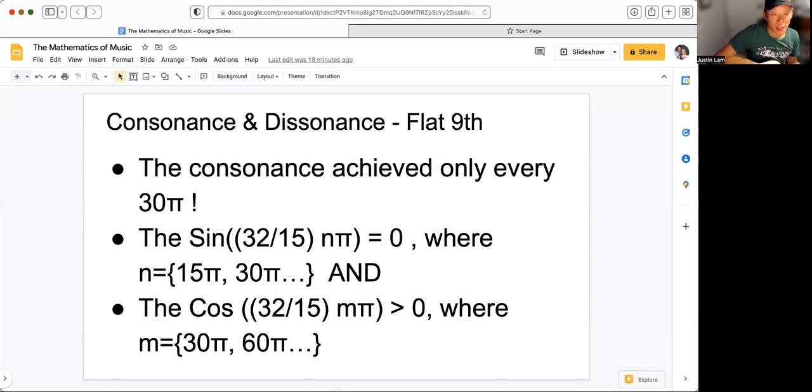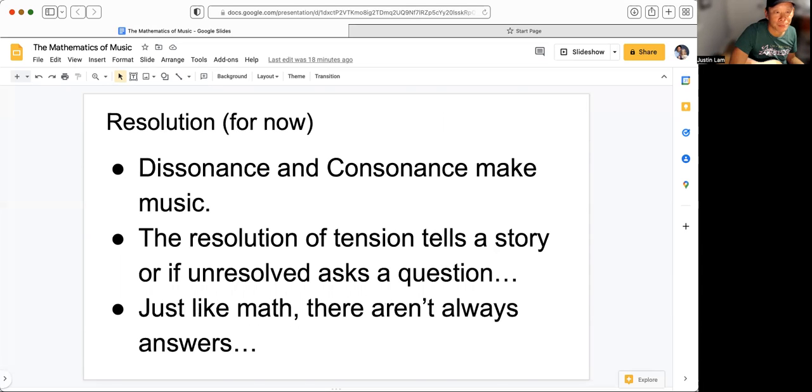And the cosine, again, where m is equal to 30 pi, 60 pi, where I wanted to get the cosine of the second wave to be greater than 0 and to align. That's how I was able to calculate the consonance interval of this particular flat ninth.